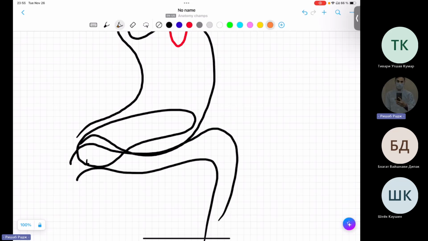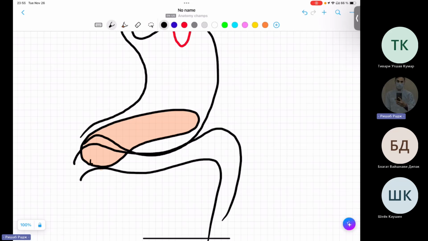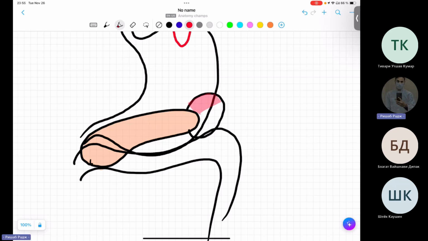So you will be able to see your pancreas here also. You know, the head, neck, uncinate process, apex, body. I will tell you about everything. This is your pancreas, it will be here. At the apex of the pancreas, what is present? Spleen is present. So you will see spleen here.